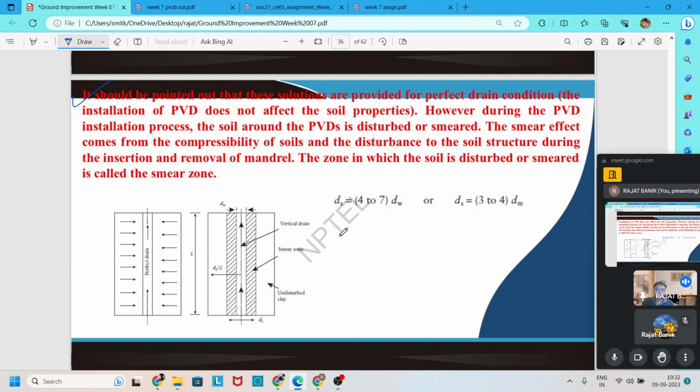Here one guideline is given: the diameter of the smearing zone is equal to 4 to 7 times the diameter of the sand drain, or we can say the diameter of the PVD drain. By this we find out the influence of the smearing zone around these vertical drains.